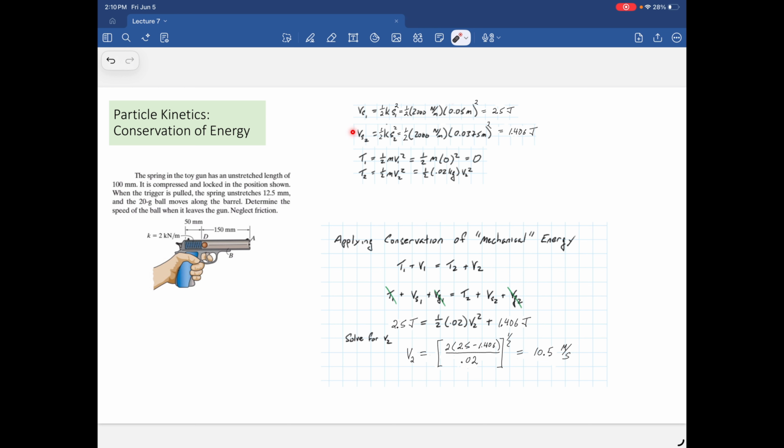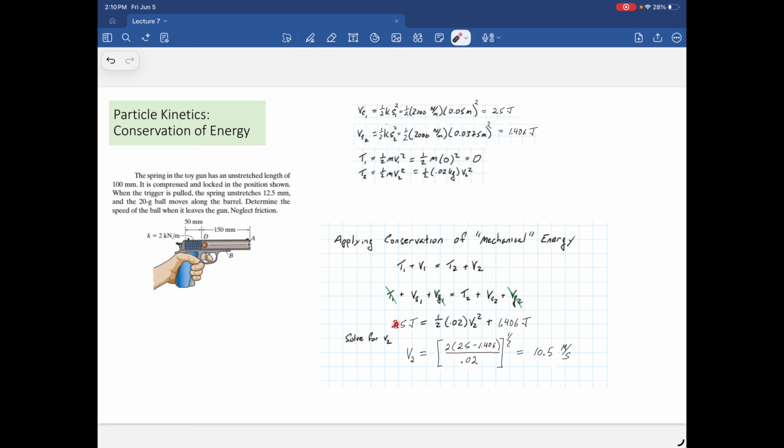The final spring energy is 1.406 joules, plus the new kinetic energy. So equating configuration 1 with configuration 2, we'll get rid of the terms that are 0: the initial kinetic energy, and the two gravitational potential energies, because they don't change.